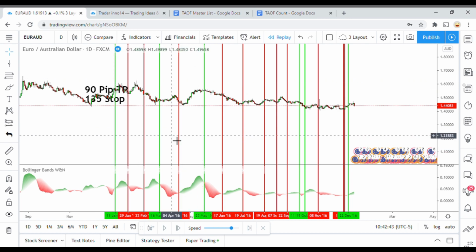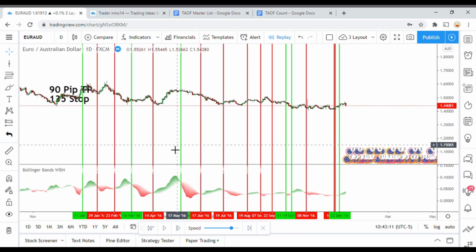And so what we really need to do is add something else to this first to trigger an entry, a move that has to happen first and then has to be confirmed by the momentum that is taking place in the Bollinger Band wide and narrow.